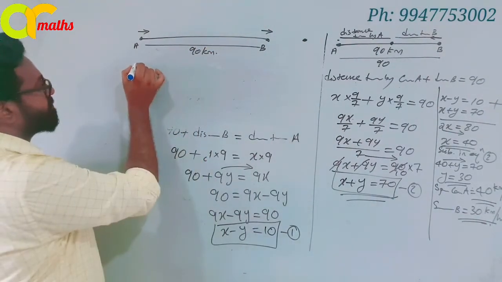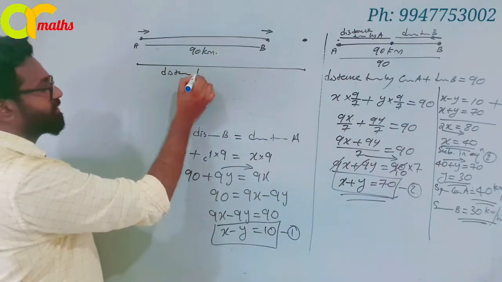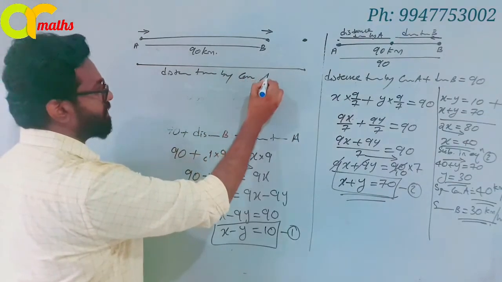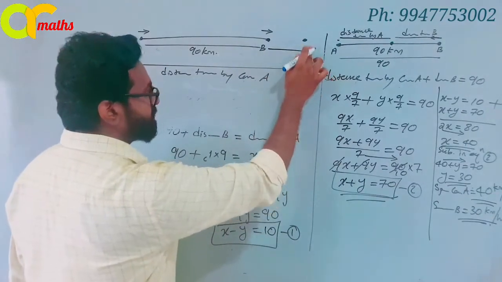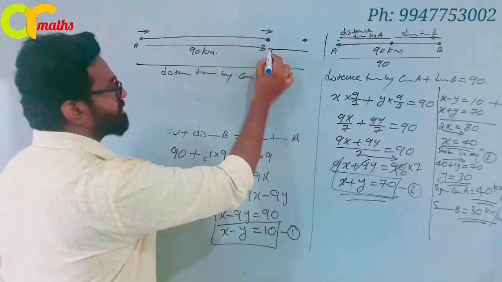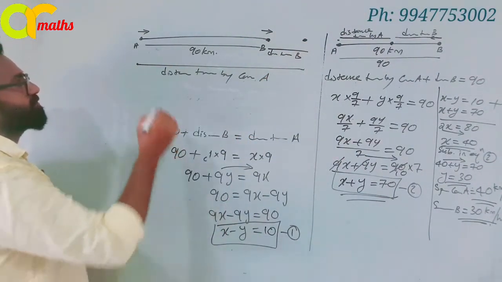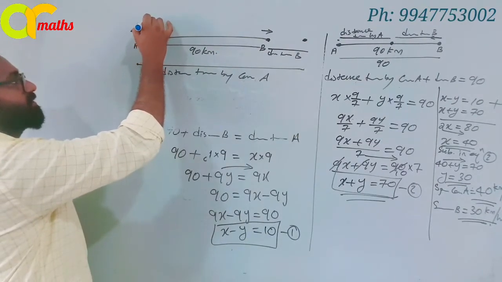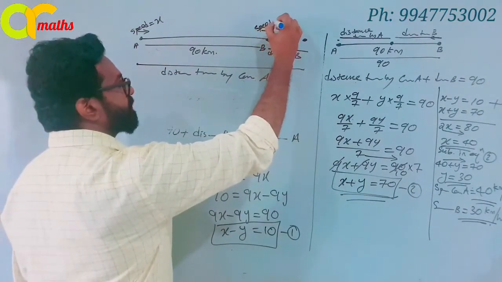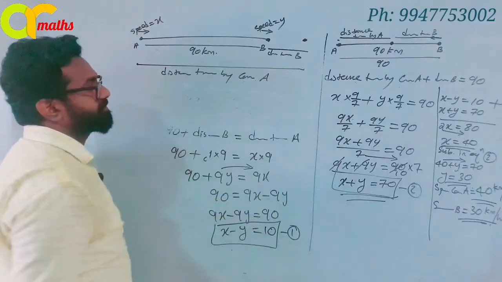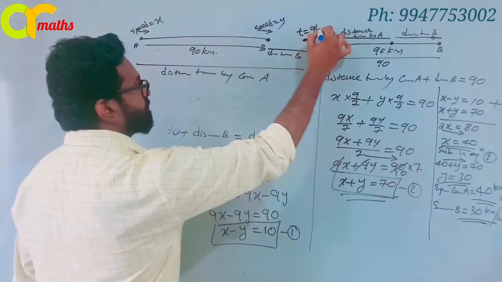From this point to this point is the distance traveled by car A. From this point to this meeting point is the distance traveled by B. Then we assume that the speed of A is x and the speed of B is y, and the time given is 9 hours.